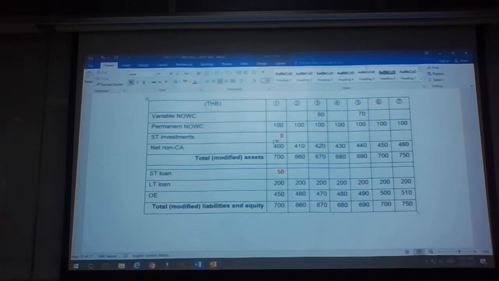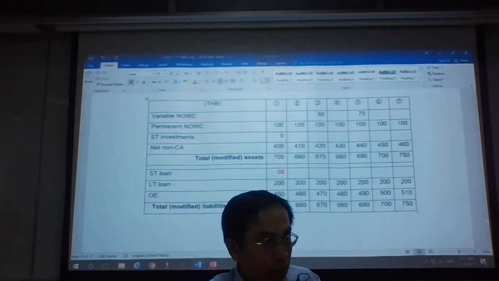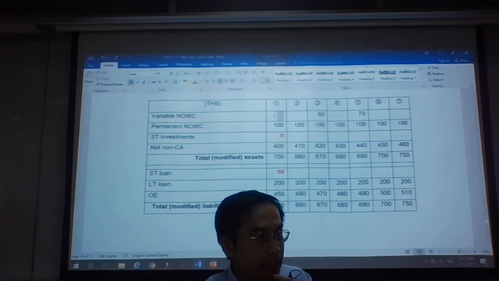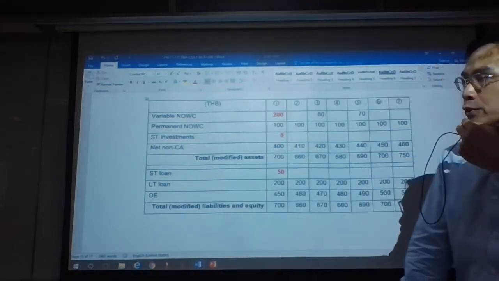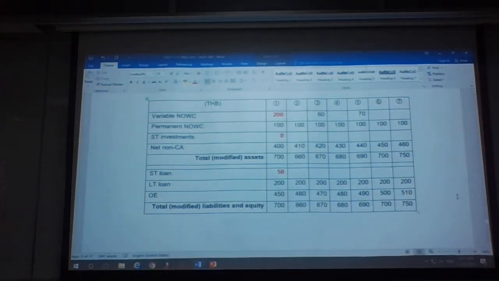Because excess cash must be used to invest in, for example, operating cash, or buying inventories, or invest in accounts receivable. Okay, so the rest must be your variable or temporary net operating working capital, and together that must be 200 baht.